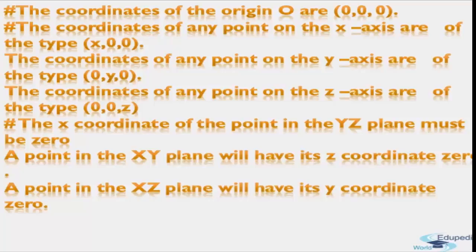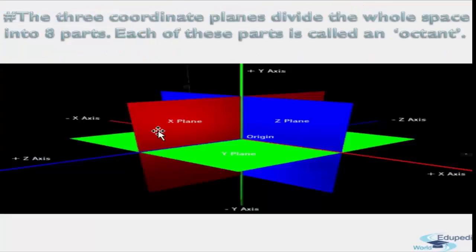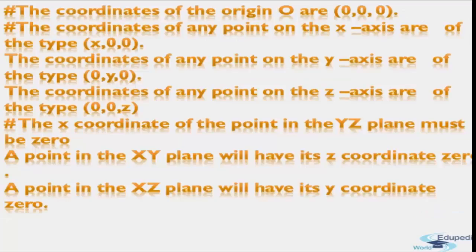Just like that, anything on the x-axis is going to have a 0 z and y value. Don't worry about anything being in space right now. I'm just trying to make the concept clear. Anything on the x-axis is actually going to be 0 with respect to z and y, just like it was in the 2-dimensional coordinates, and the same goes for all the other axes as well.